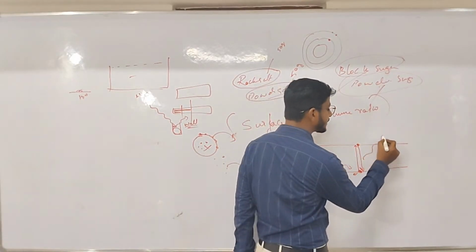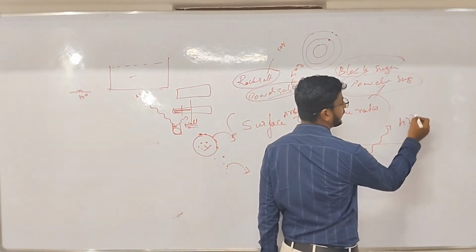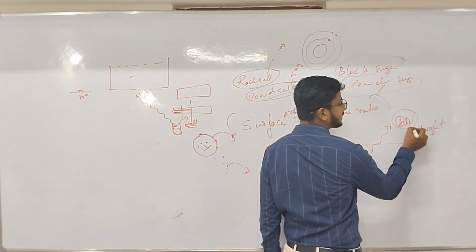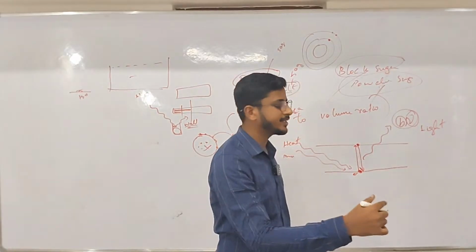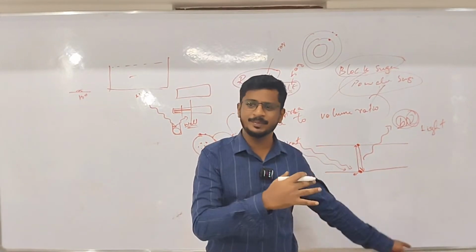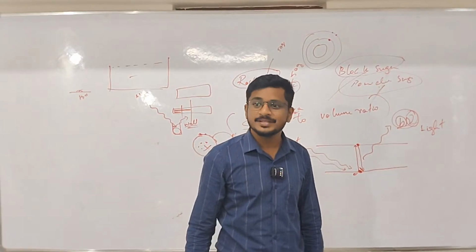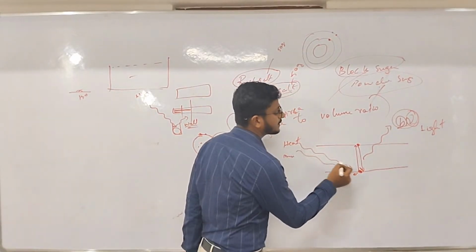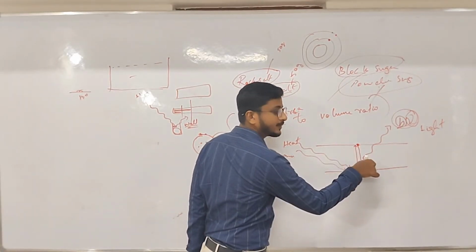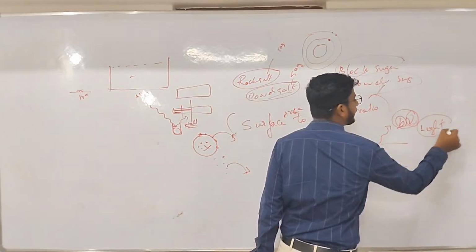That energy which is lost will be in the form of light. This is h, this is nu, h nu is nothing but your energy. That you will learn, we will not go deeper into that. Fine. So now what is happening? This electron is getting the energy. It is excited. While coming back, what is it giving? Light.